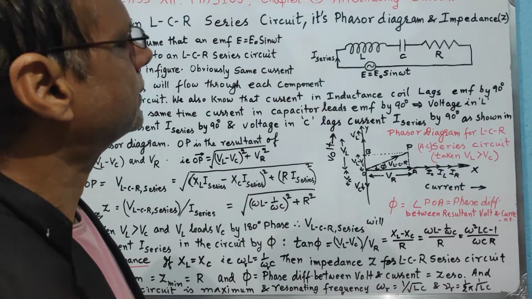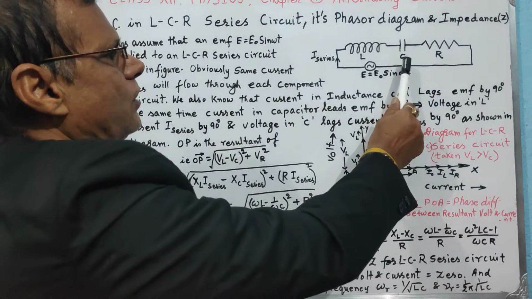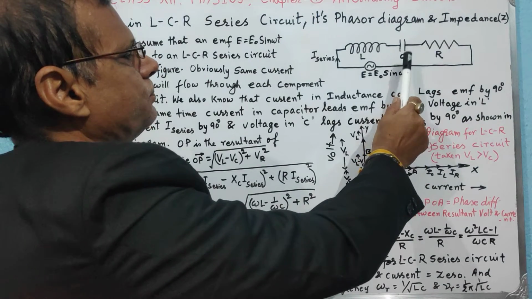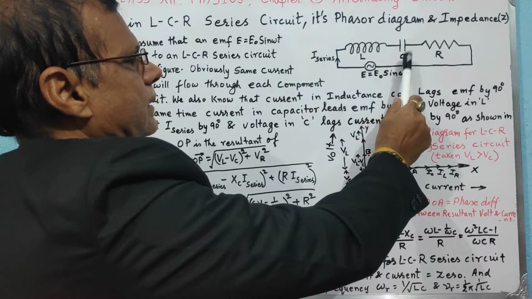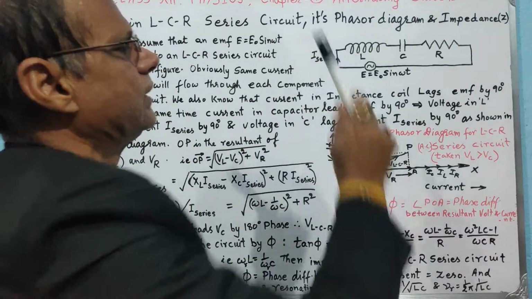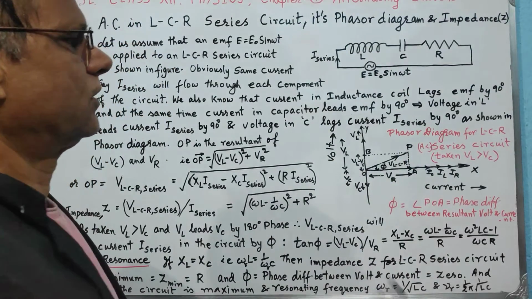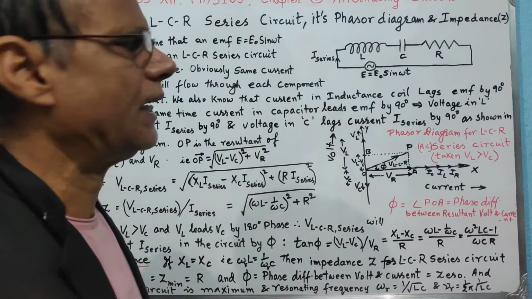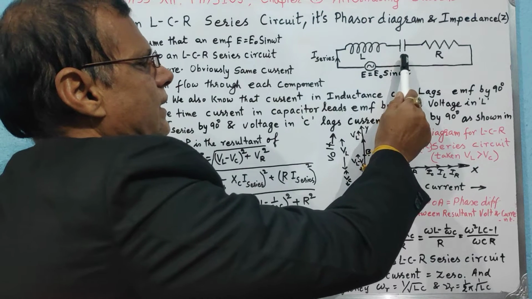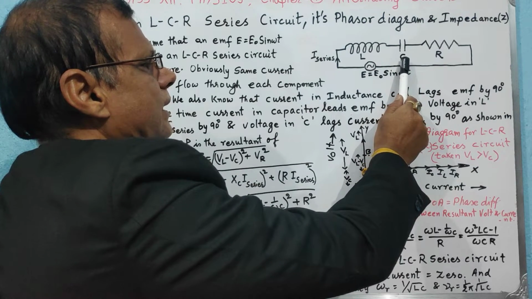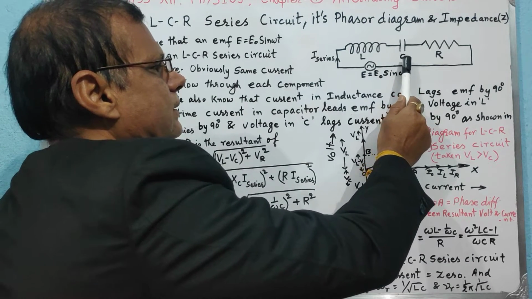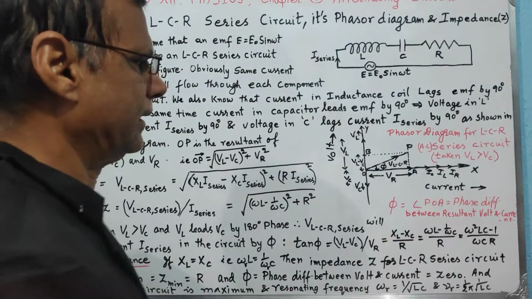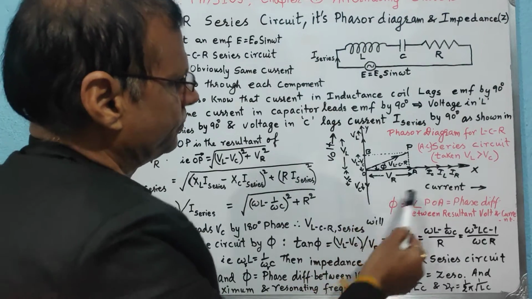And again we talk about the capacitive circuit. Current in a capacitor leads EMF by 90 degrees. This statement could be restated as voltage in a capacitive circuit lags capacitive current by 90 degrees.